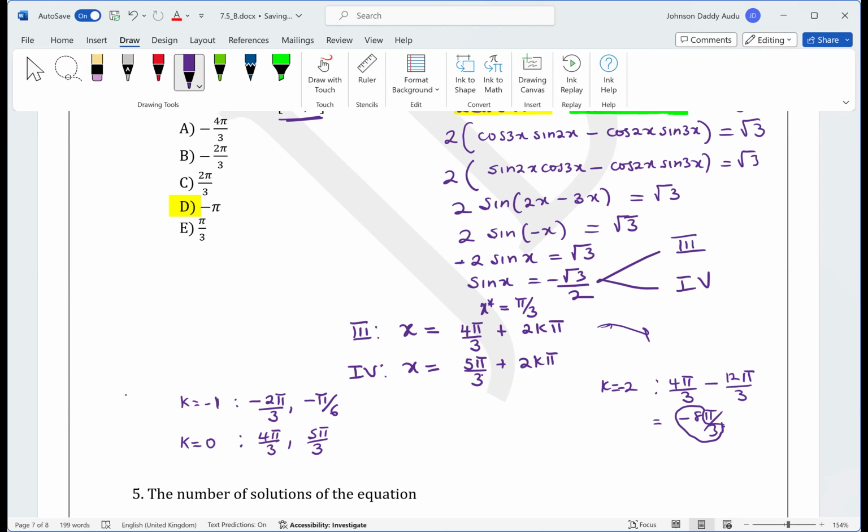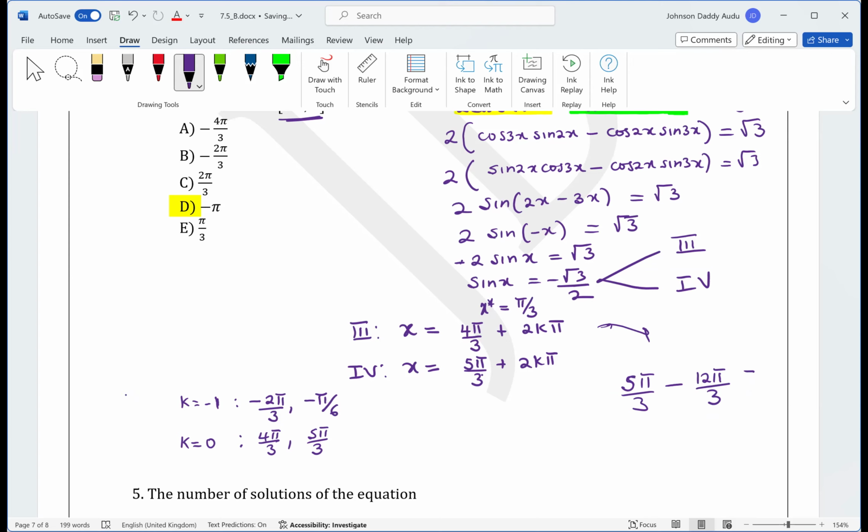And similarly, if you take k to be -2 in case 4, I mean when you are in the fourth quadrant, you will have 5 pi over 3 minus 4 pi, which you can write as 12 pi over 3.